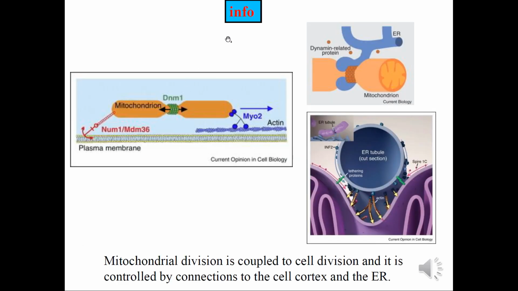So although this is just an info slide, I'd like to talk about it for a second, because it says mitochondrial division is coupled with cell division and it's controlled by connections to the cell cortex and the ER, the endoplasmic reticulum. But the thing is, the mitochondria is not supposed to be integrated as part of the human cell DNA.